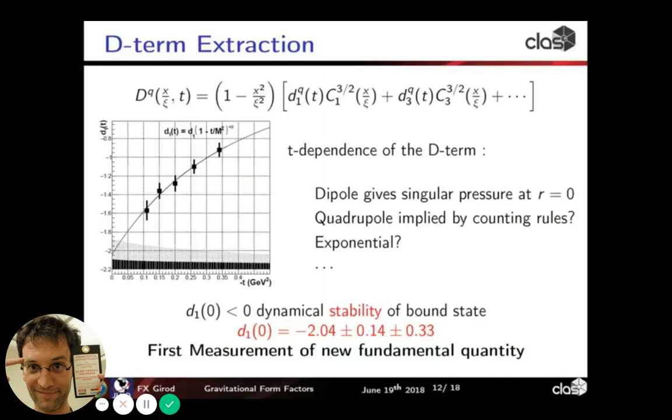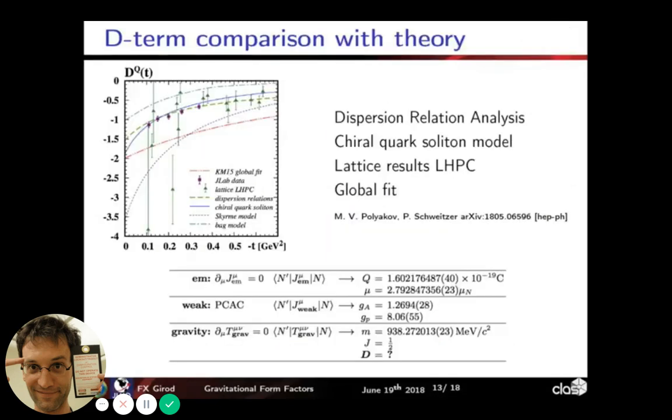These first results here have been recently compared to a world data set calculation in a publication on arXiv by Maxim Polyakov and Peter Schweitzer.